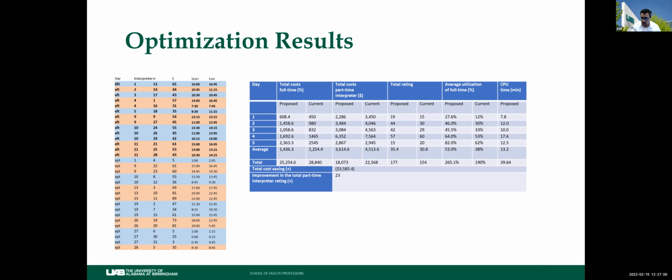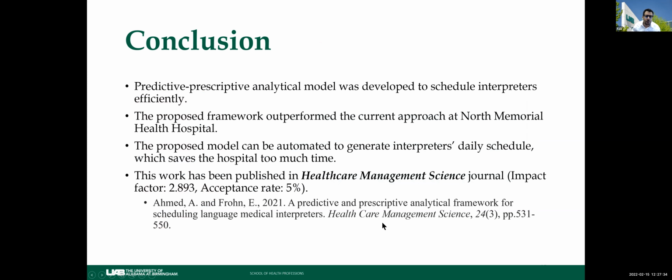They just see which interpreters, full-time and part-time, are available for a specific day, and then they use something like Doodle or Google Calendar to book the interpreters, and then they do the schedule. So they don't consider any of the things that are considered in this model. So we did a comparison. You can see here that we were able to save cost and increase the quality of the service, which was represented by the rating of the part-time interpreters.